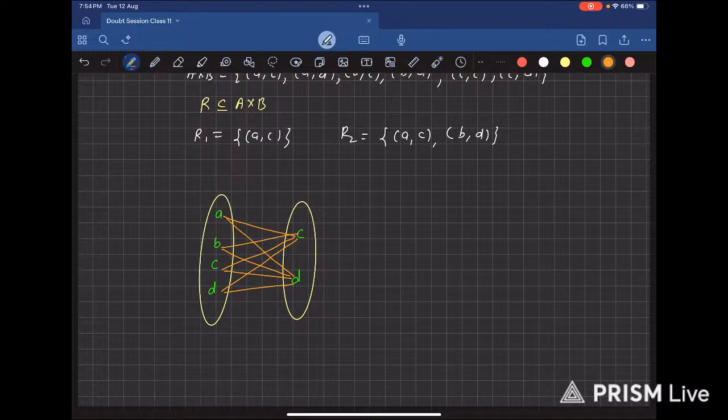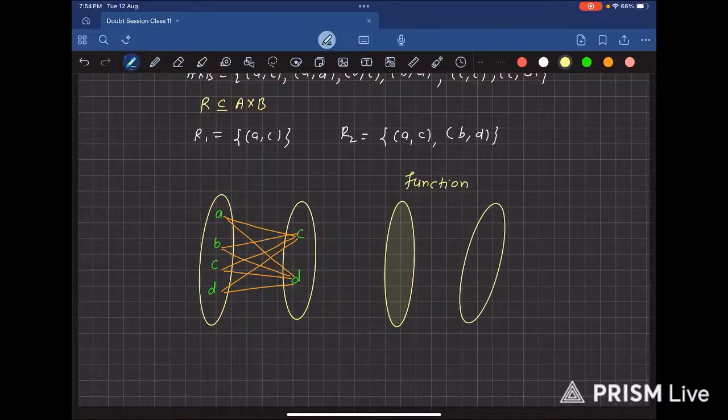Okay, but the problem is, what is function? In function we cannot make two lines from one element. Example, you can see from A there are two lines connected. We cannot make two lines from a single element.